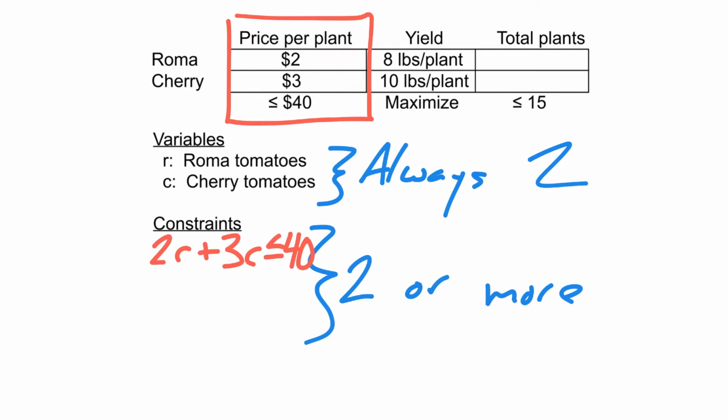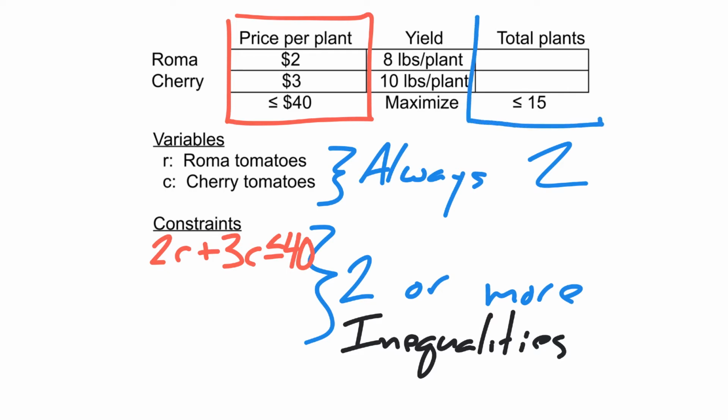Another note that you can make about constraints is constraints are always inequalities. That is, they're the greater thans and they're the less thans. All right, so we did that constraint. Our other constraint comes from this less than or equal to 15.